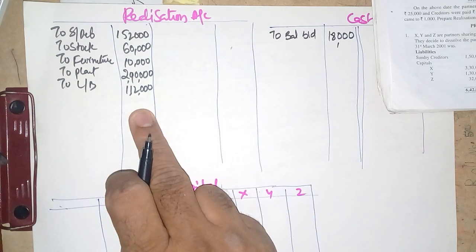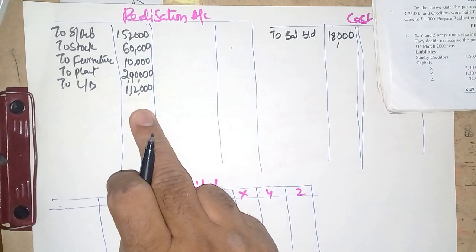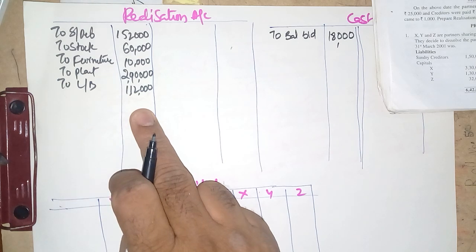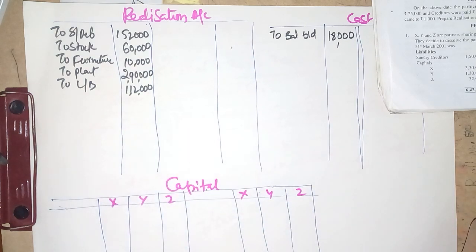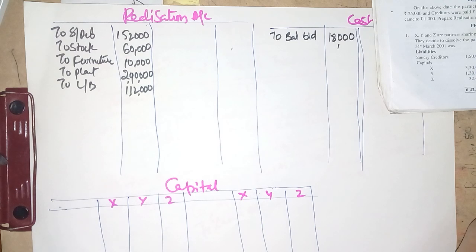Why have we transferred to this account? Because we are doing the process of dissolution whereby we will sell off all the assets, get the money and distribute it first among the creditors, then partners' loan, and finally anything left over will be distributed among the partners themselves.